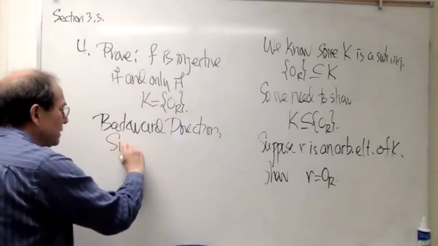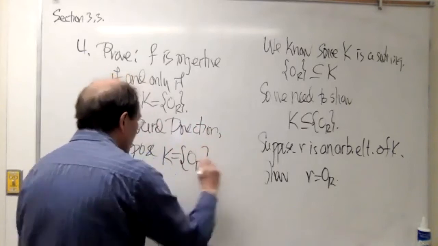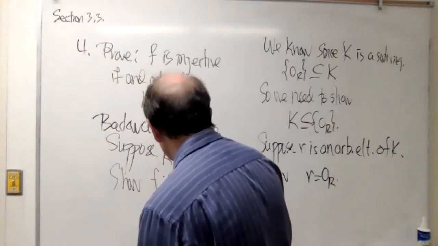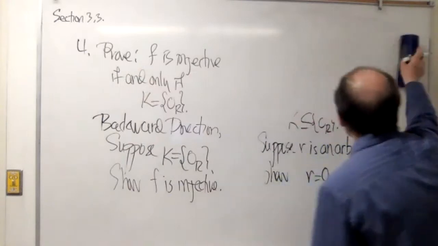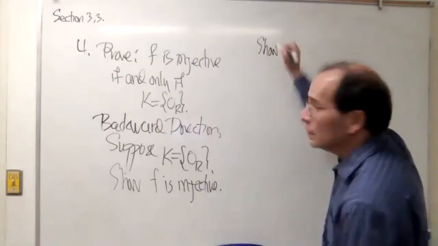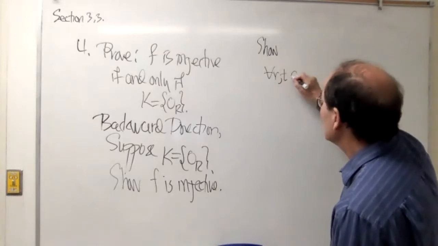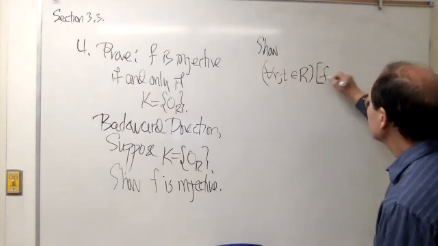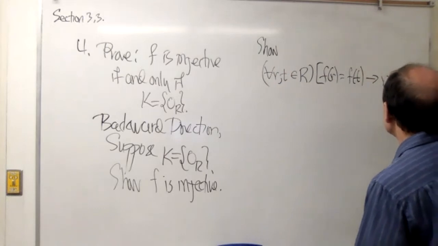So we're going to suppose that K consists of just 0, and then we need to show that f is injective. Now, to show that f is injective, you have to go back to the definition of injective. So this means you need to show that for all r and t in R, f of r equals f of t implies r is equal to t.